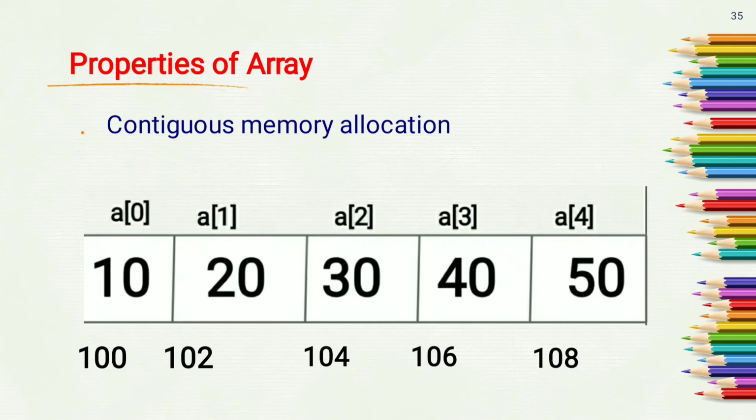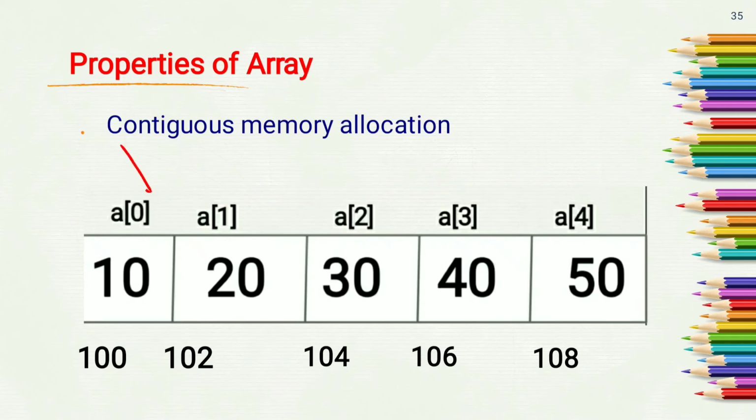As the array contains 5 variables, what is the name of each variable? You can see all the elements have the name a, but they differ by their index number. The number which is specified in the square bracket is the index number. In an array, the first variable is a[0], the second variable is a[1], the third is a[2], the fourth is a[3], and the fifth is a[4].